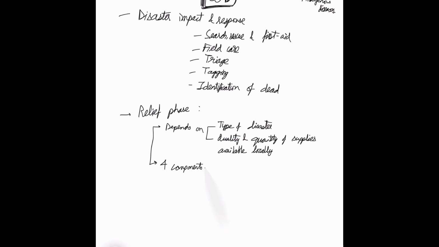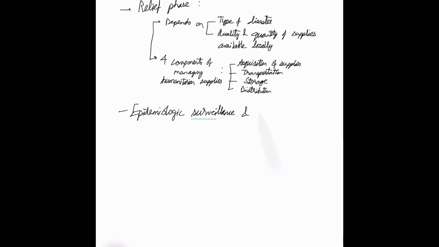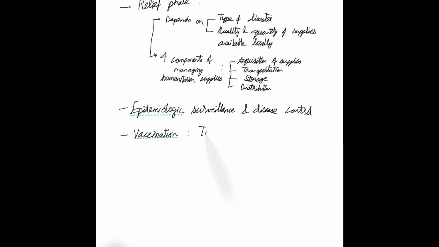We then see the four components of distributing humanitarian supplies, that is, acquisition of supplies, transportation, storage, and distribution. We then see a small note on epidemiologic surveillance and disease control, and then vaccination during disasters.